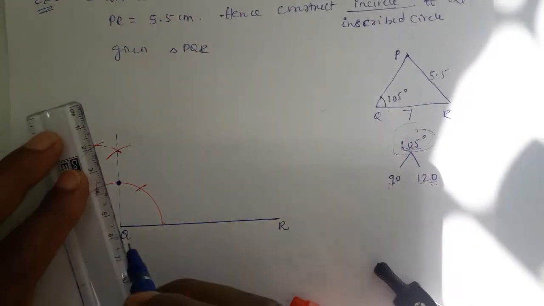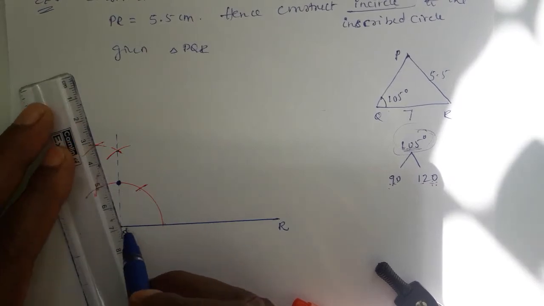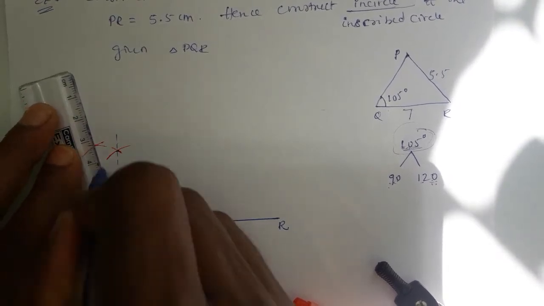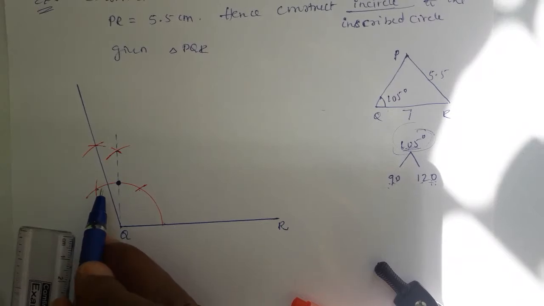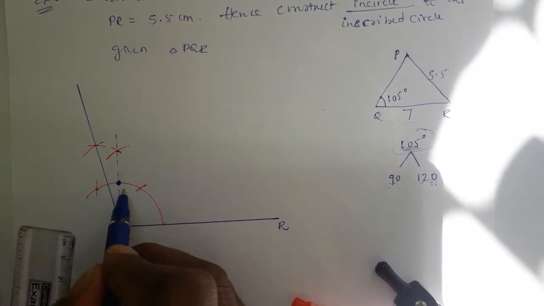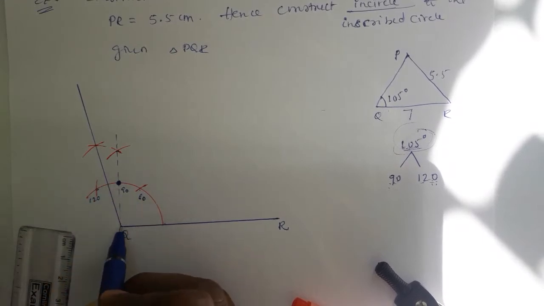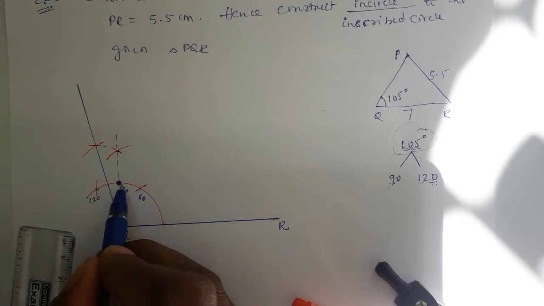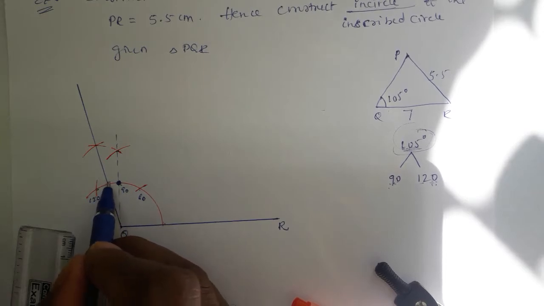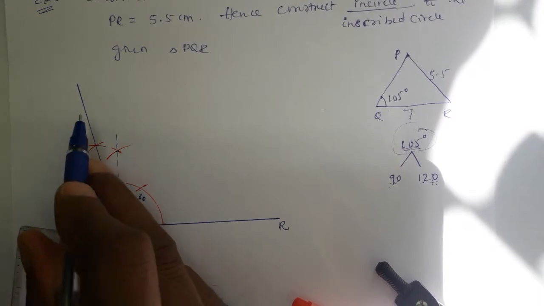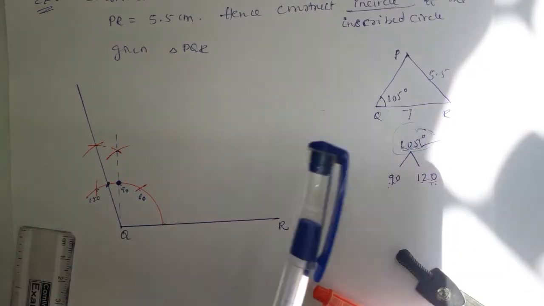What I got, those arcs are joined to Q. To check whether our method is right, this is 90, this is 60, this is 120, right? This line is passing exactly between 90 and 120 degree. That means 105 degrees is correct.